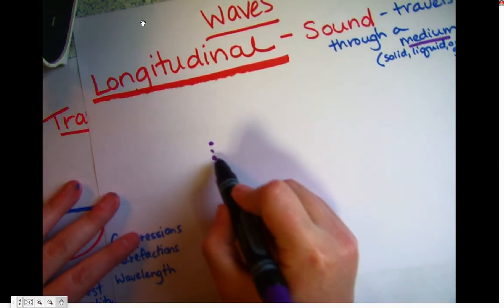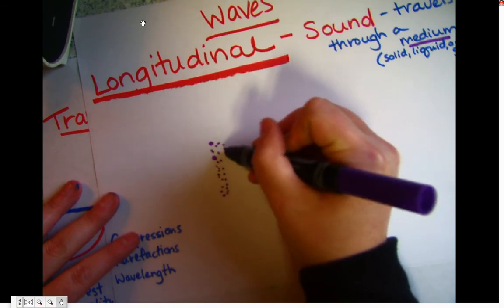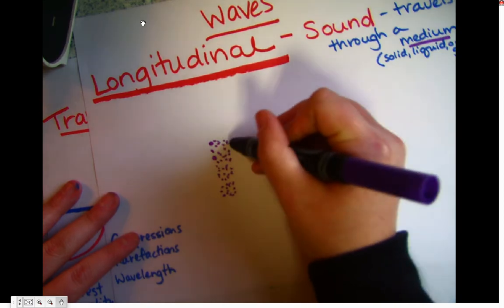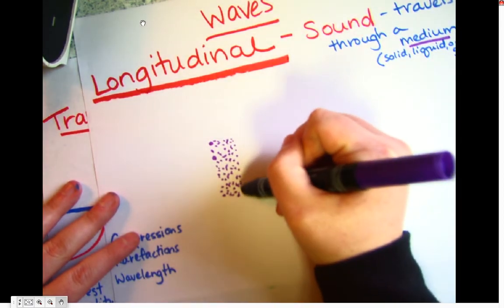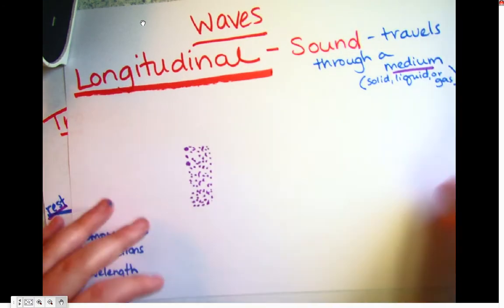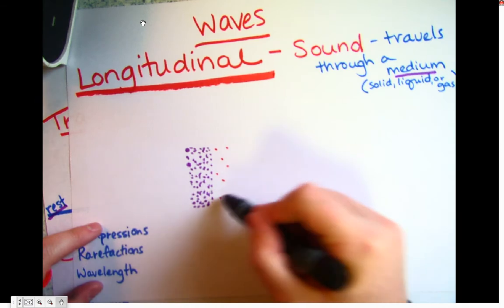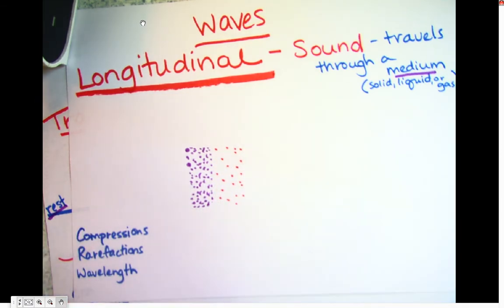You're going to have these particles that are really, really close together. Then I'm going to use another color just so you can tell the difference here. And then you're going to have ones that are further apart. So which one here do you think represents compression?